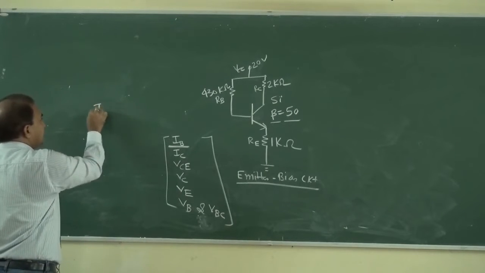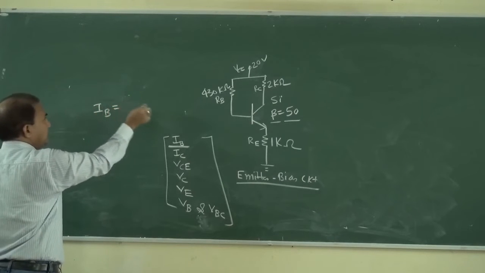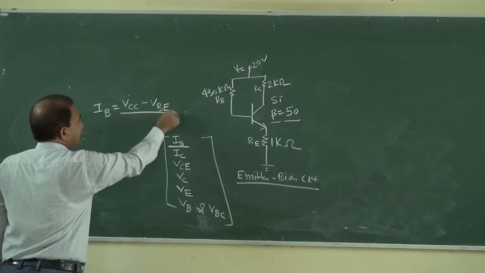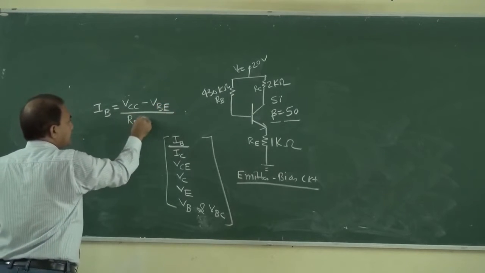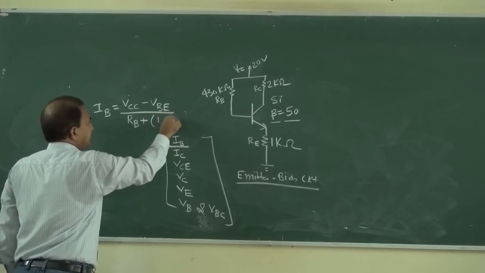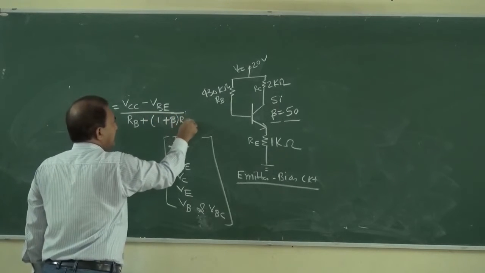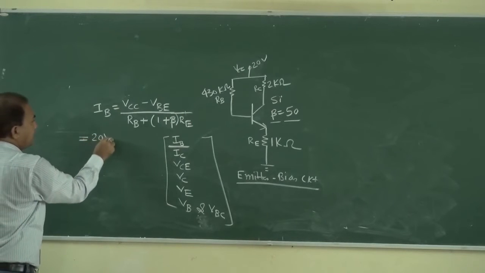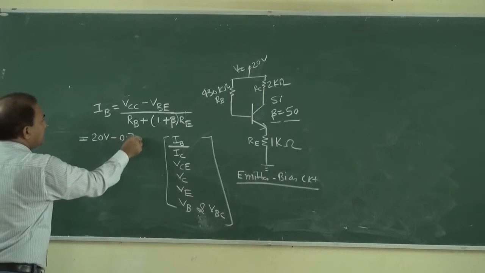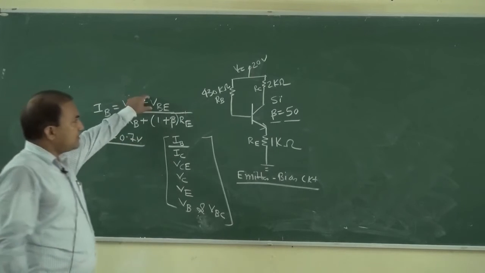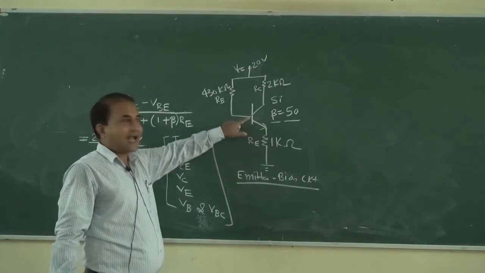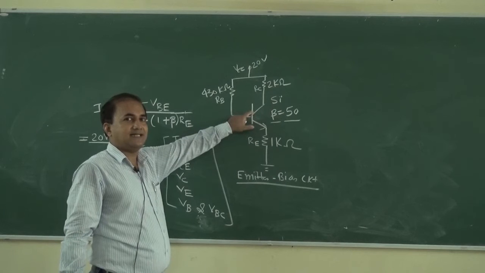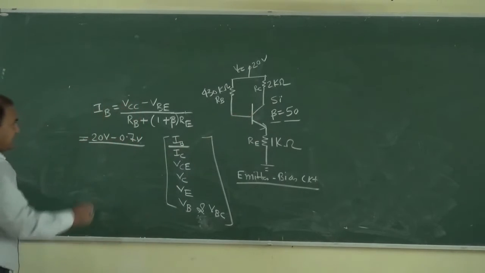The expression for IB is equal to (VCC minus VBE) divided by (RB plus (1 plus beta) multiplied with RE). We can write it as (20 volt minus 0.7 volt). Why this 0.7 volt? Because it is in forward bias case and this is made up of silicon. This is a silicon based BJT, so it is 0.7 volt.